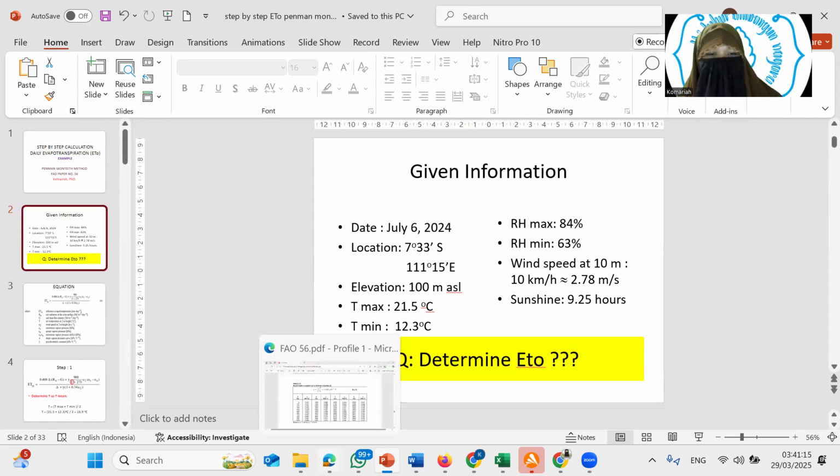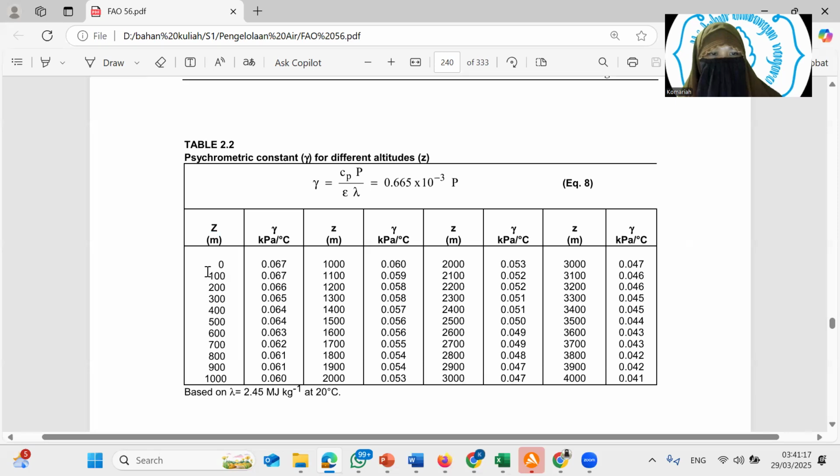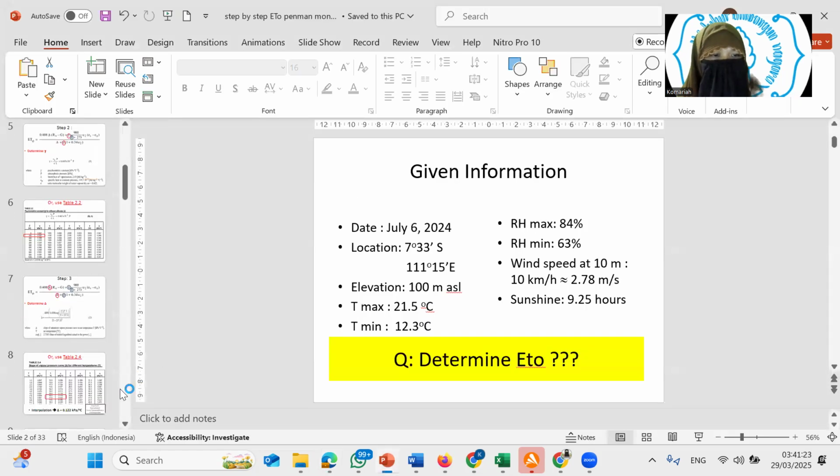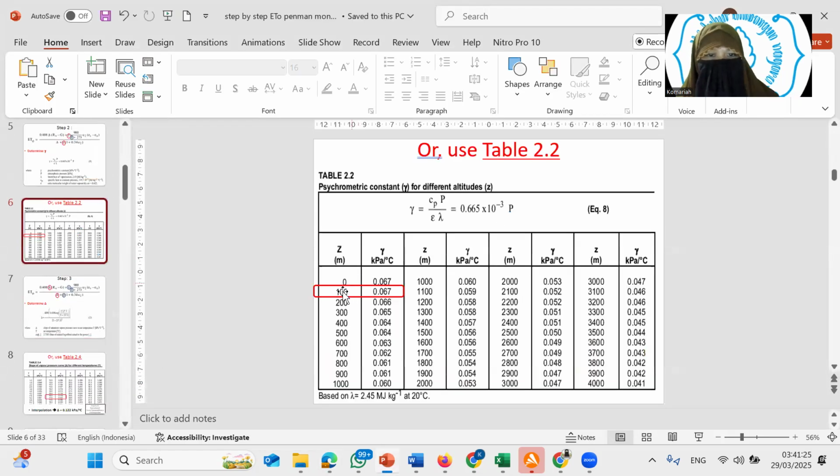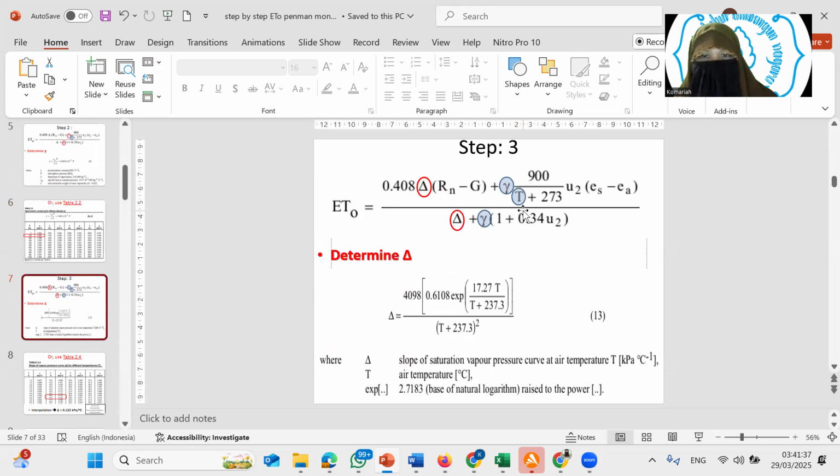So we can find out from here z is 100 meters, so gamma, okay, so this is the table. Z is 100 meters above sea level, so gamma is 0.067. So it's resolved. Okay, gamma is resolved. T was resolved, gamma has been resolved.